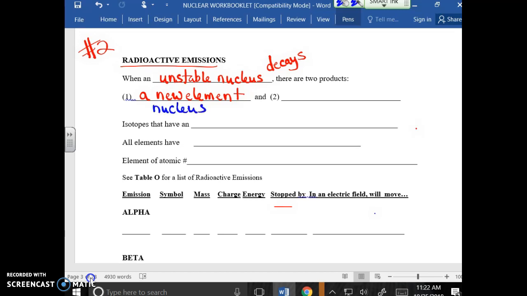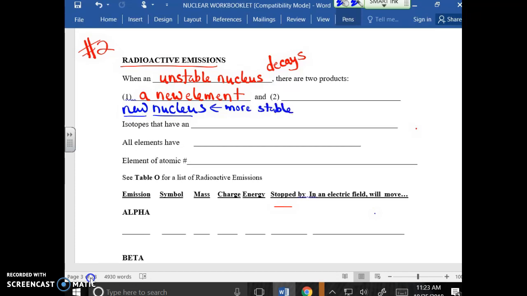Or let's put it a new nucleus. A little vague, but that's okay. So we're going to start with an old nucleus and get a new nucleus. And in the process of doing this, we have to say something else. This nucleus is going to be more stable than the previous one.